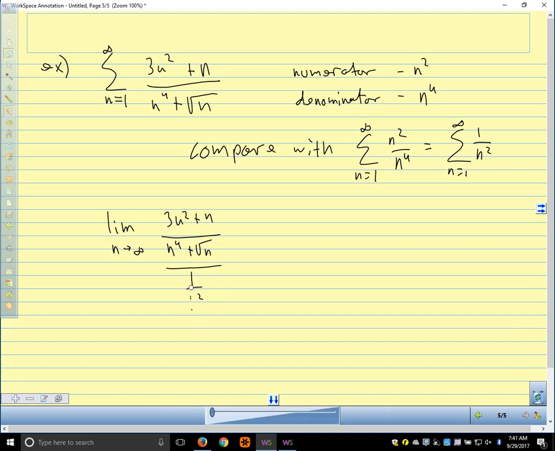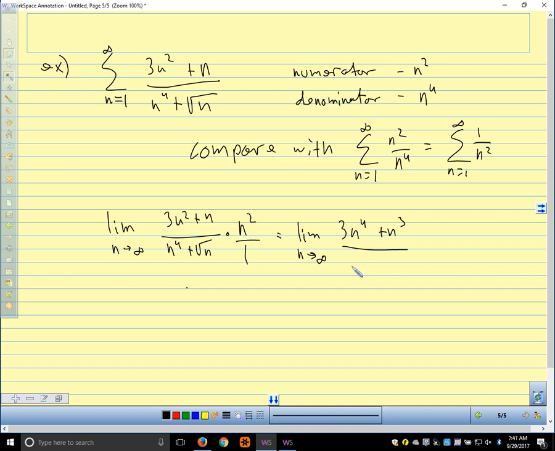And why don't I just write that instead of doing the fraction? I'm going to flip it and multiply right away. So this is the limit as n approaches infinity of (3n to the fourth plus n to the third) over (n to the fourth plus the square root of n).